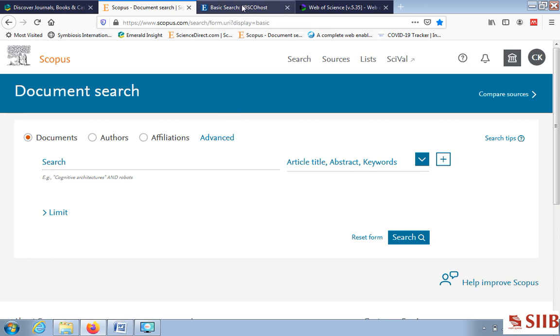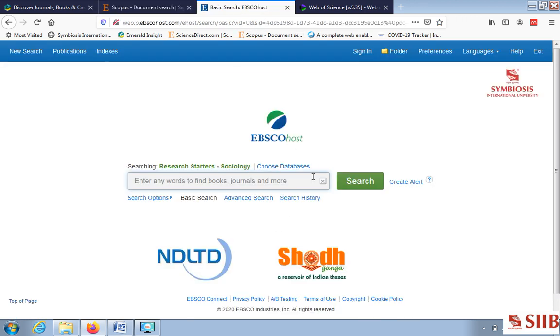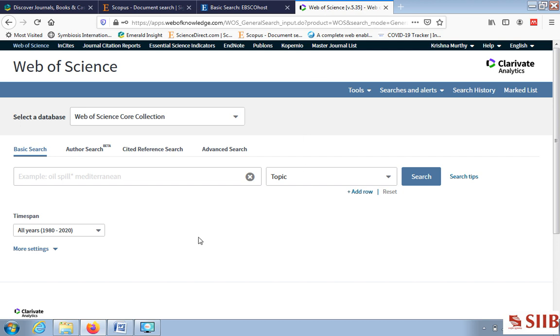And then EBSCOhost, this is also one of the good databases providing good number of articles from different fields. And Web of Science, this is the niche area where most of the academicians try to publish their work. So this is a brief background of all these different databases that are very useful in framing your literature review.